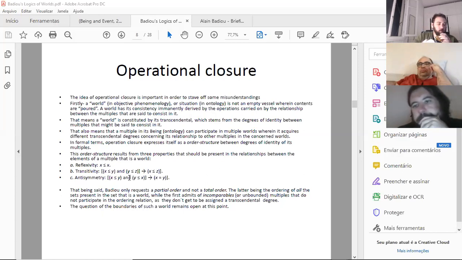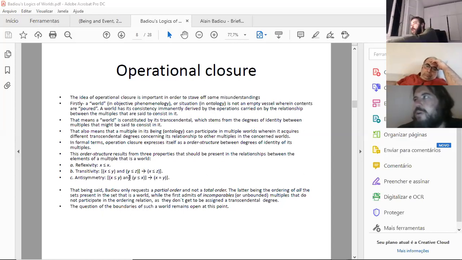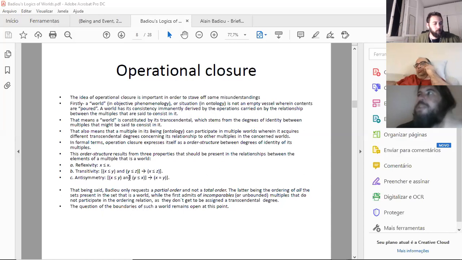So my question was, is the set of the degrees defined beforehand as a partial ordering, or does it get defined through the relation to every other multiple in the world, and by inspection you see that it is a partial order?